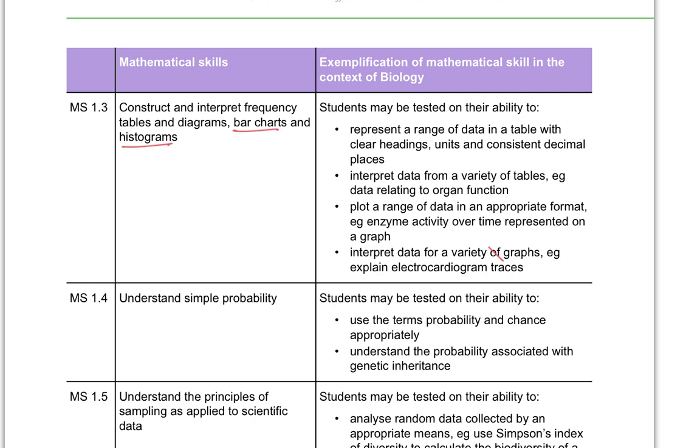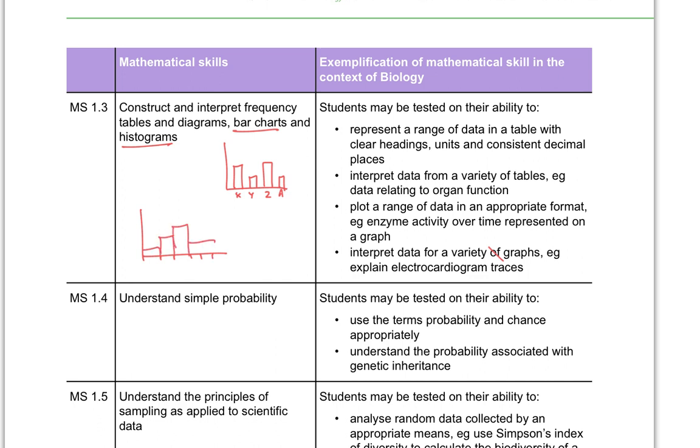In a bar chart, the bars are the same width and there's a gap between them, and crucially, I'm labeling them underneath the bars. Okay, in a histogram, we have a linear scale like a line graph, and my bars are touching.